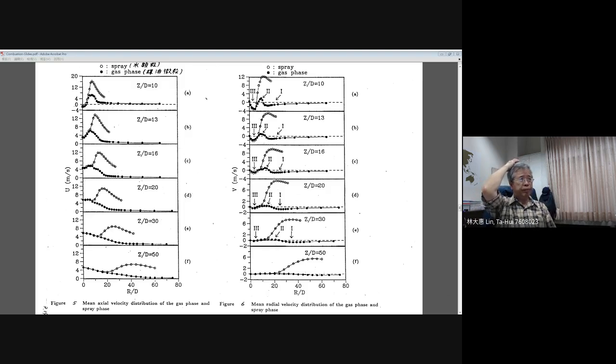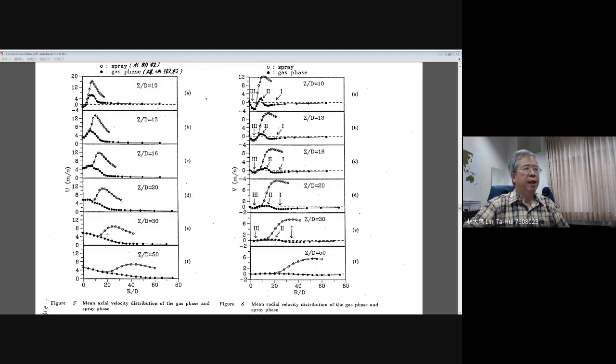Additionally, near the center region, the flow velocities for both gas and liquid are small, and they are almost the same. In the interior of the spray cone, the open circle almost coincides with the solid circle.